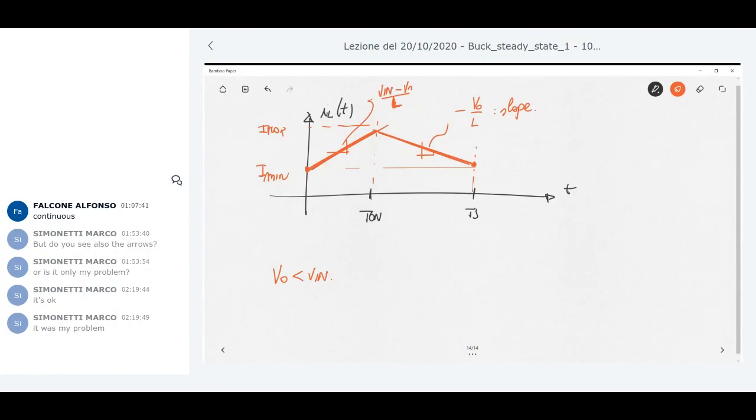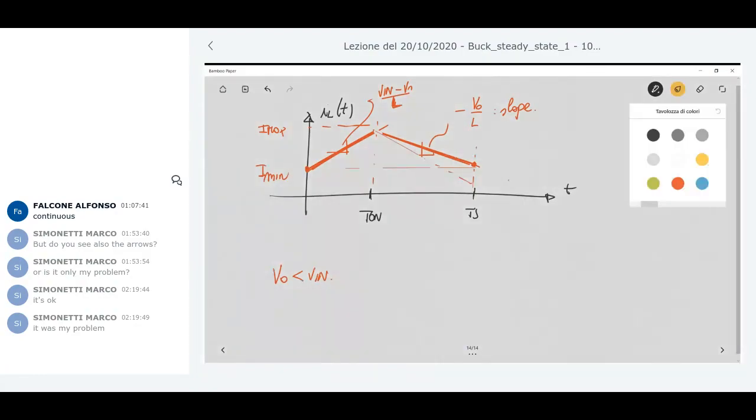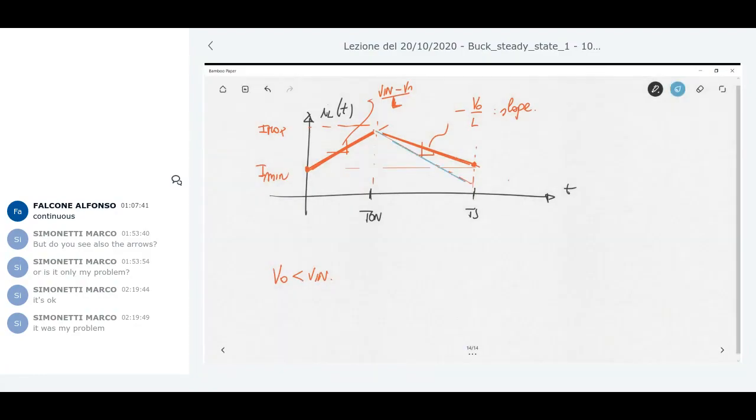For example, it is less here. Let me change the color. Now suppose that the current goes here. What happens in the next cycle?